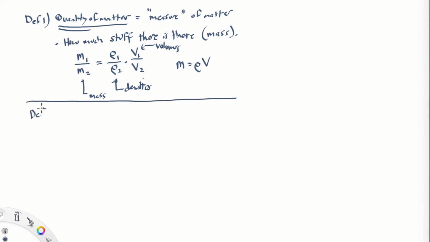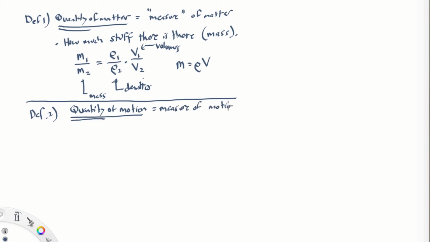His second definition, definition 2, is quantity of motion. We should emphasize that by quantity of motion, he means a measure of the motion.